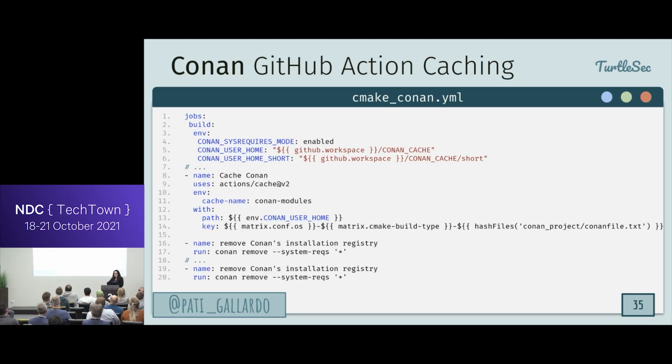For caching, there are some small issues. Here I also set this in the GitHub action because I did that first. You could probably remove that. But one of the nice things that I like is that I can set up these environment variables to say where the Conan cache should be. That might exist for the other ones, but I don't know about it.